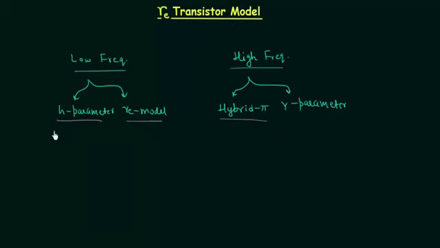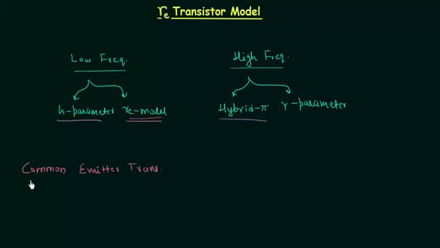We have already completed the H parameter model or hybrid model, and in this lecture I will explain how to obtain the RE model. We will find out the RE model for the common emitter transistor.